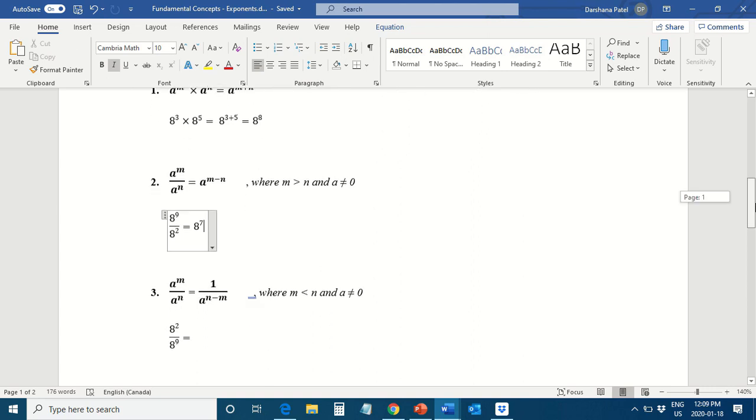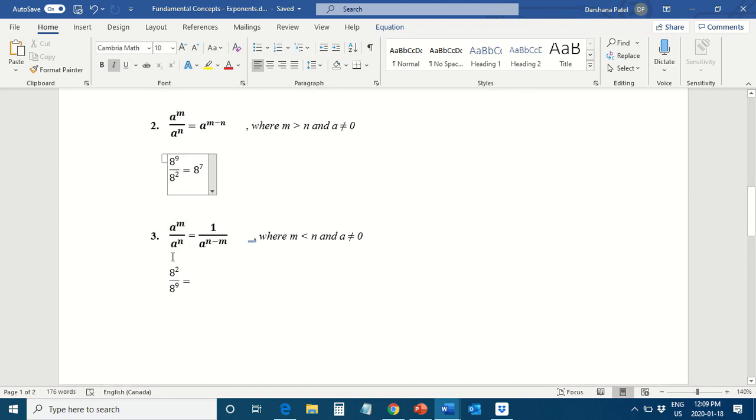Okay. Opposite way, what if the denominator had a higher exponent? Like for example here, 8 to the power of 9 is in the denominator. Then we subtract our exponents in the denominator. So we write it like this: 1 over a to the power of n minus m.